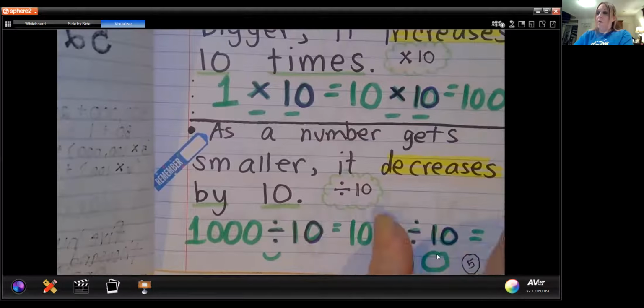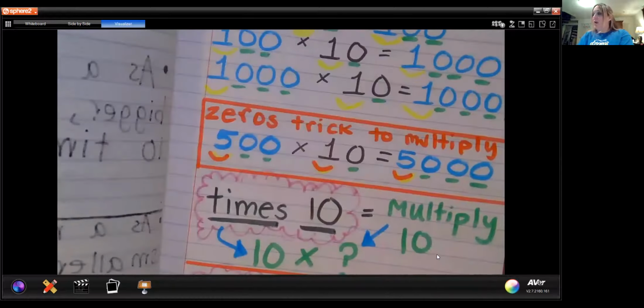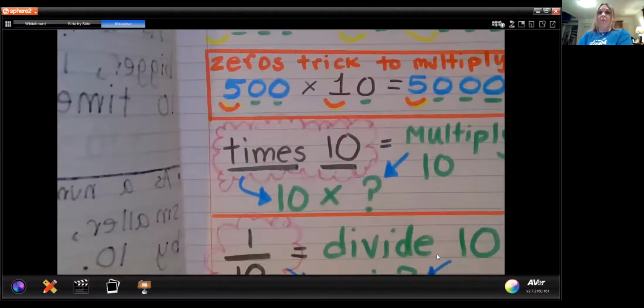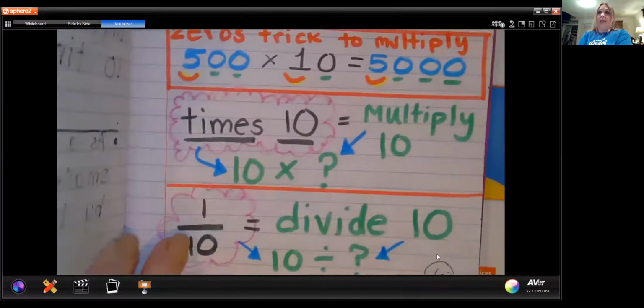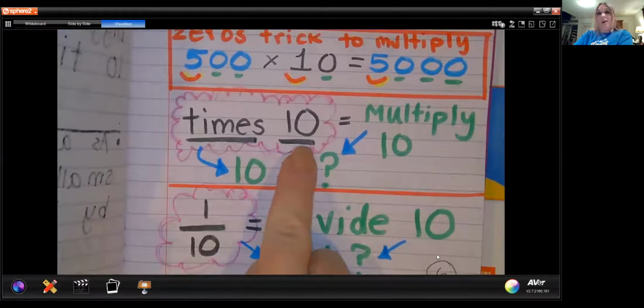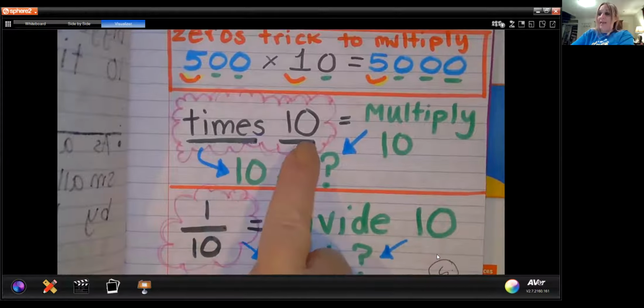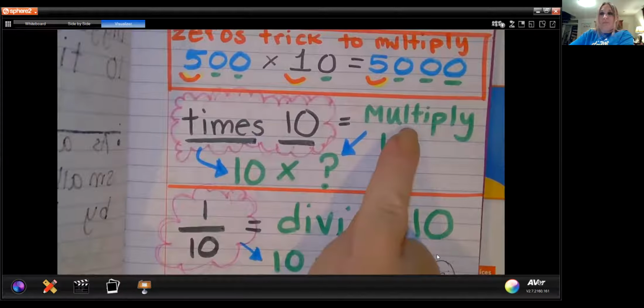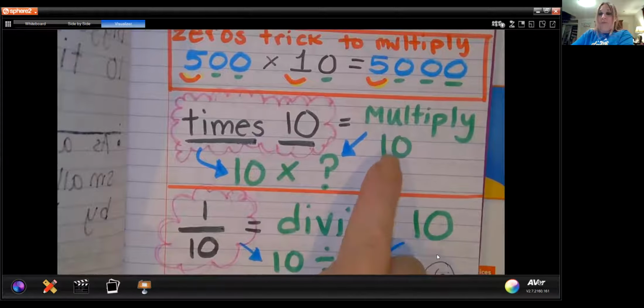We also took notes on September 3rd that said, anytime we see the words times 10 in our GoMath, on our assessments, that means that you multiply by the number 10.